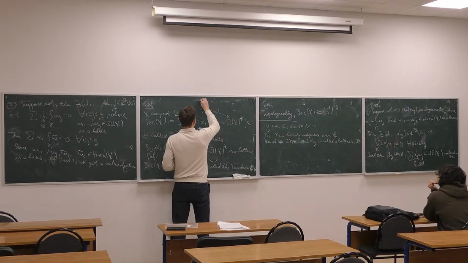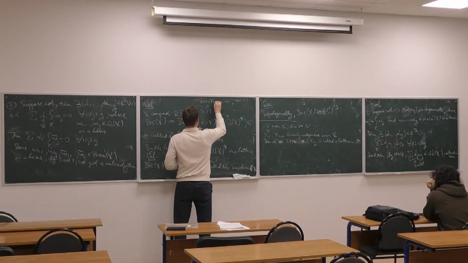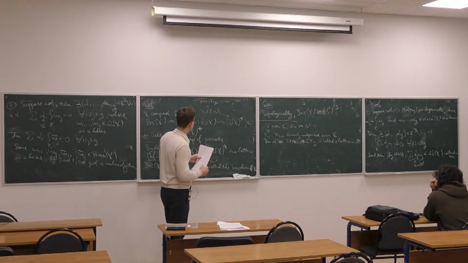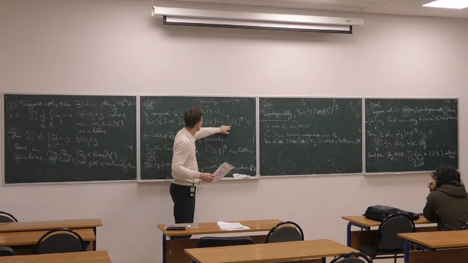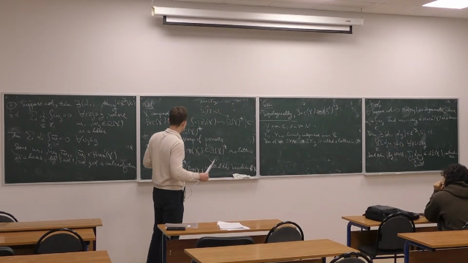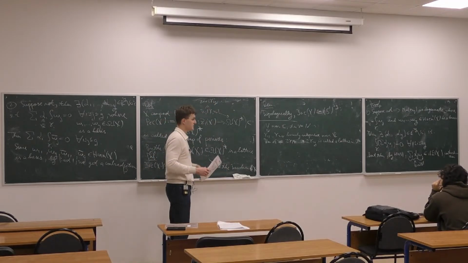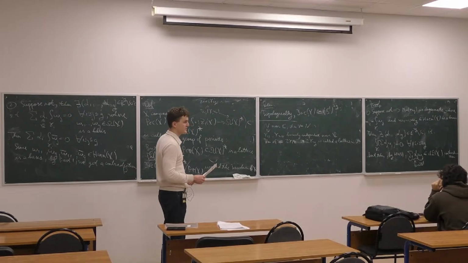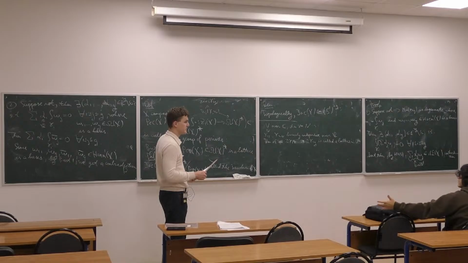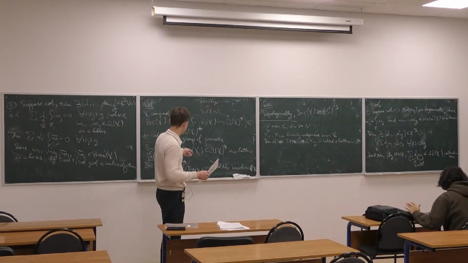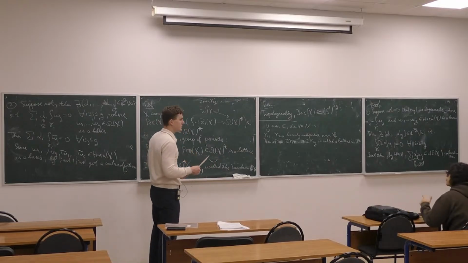Here we have generators gamma 1, ..., gamma 2g, so the image is generated by the images of these guys.